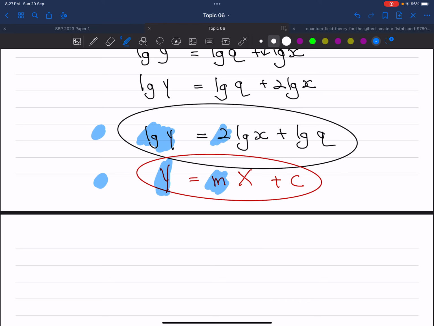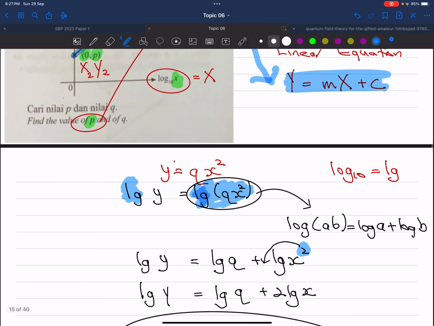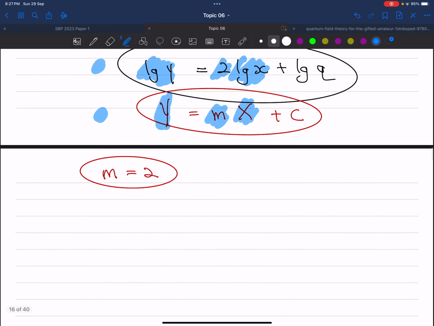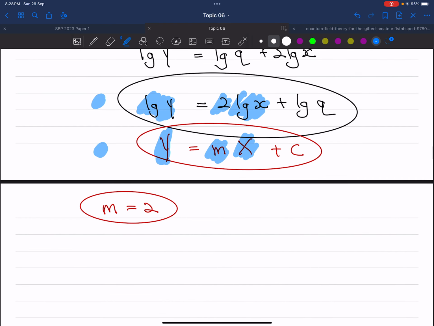I'm going to write that back. The gradient is 2. So we got our first equation. And then capital X is log X, which is here. Capital X is log X. And finally, the C, the y-intercept, is log Q. I'm going to write that. The C is log Q.